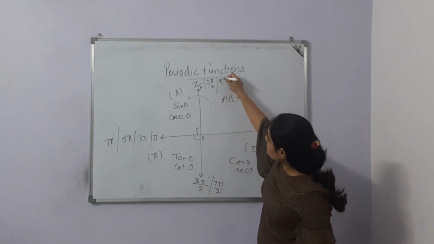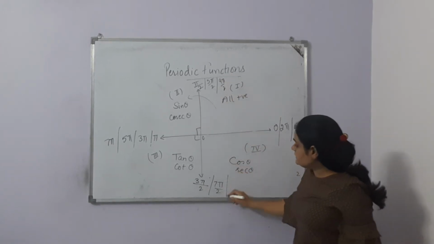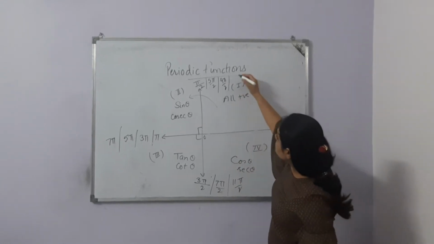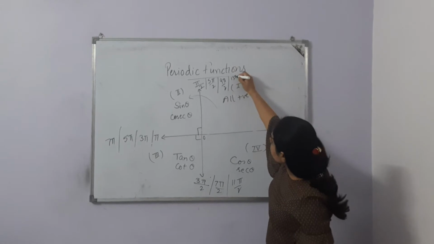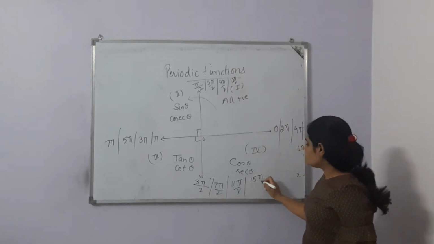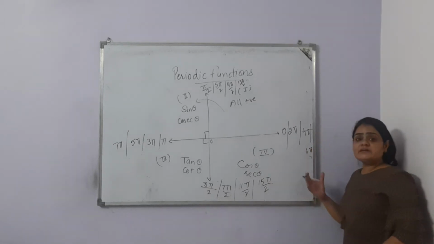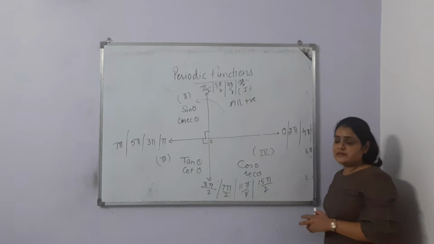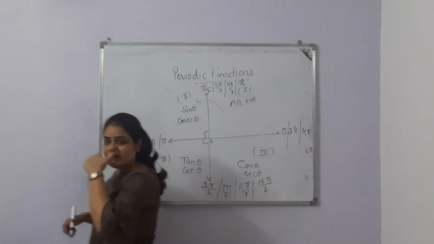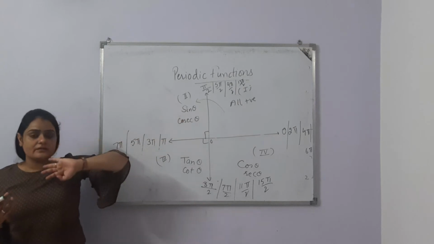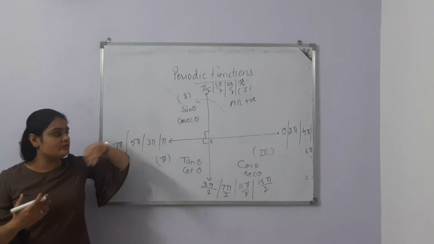The next angle will be 9 pi by 2, next is 11 pi by 2, then 13 pi by 2, then 15 pi by 2. So with this shortcut way, I am getting the angles very easily. I don't need to add pi by 2 always to get the angles. I can find them this way as well.